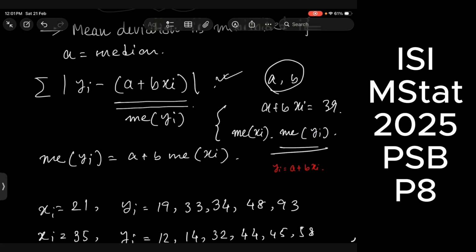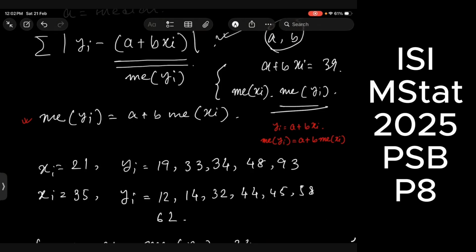And we know the median of yi is equal to a plus b times the median of xi. We know this thing, correct? So we will use this.